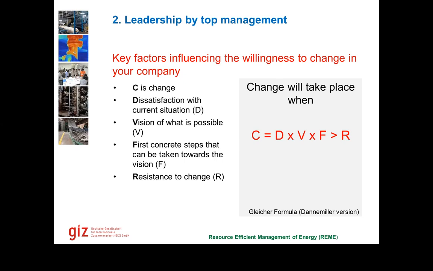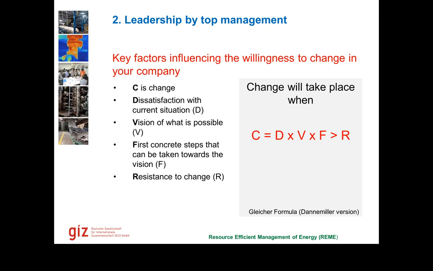If these all together bring up such benefits which are greater than the resistance to change, and the resistance to change is because of financial factors as well as emotional factors. So D and V and F, the product of these, if this is bigger than the resistance to change, only then will the change occur.